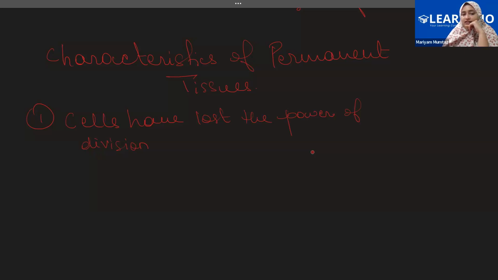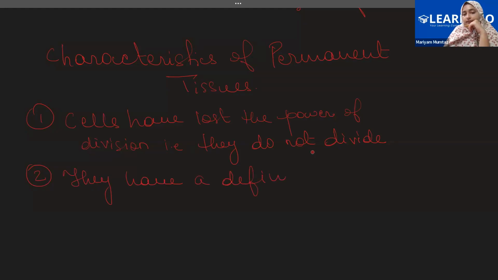So let's talk about the characteristics. The first characteristic is that the cells have lost the power of division. That is, they do not divide at all, no matter what the case is. The second thing is that they have a definite form and size.